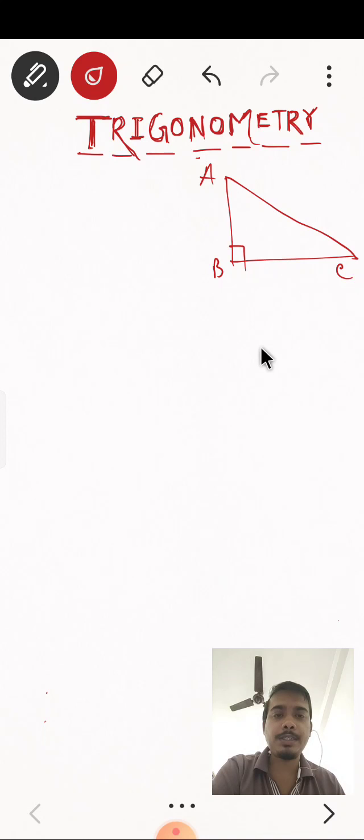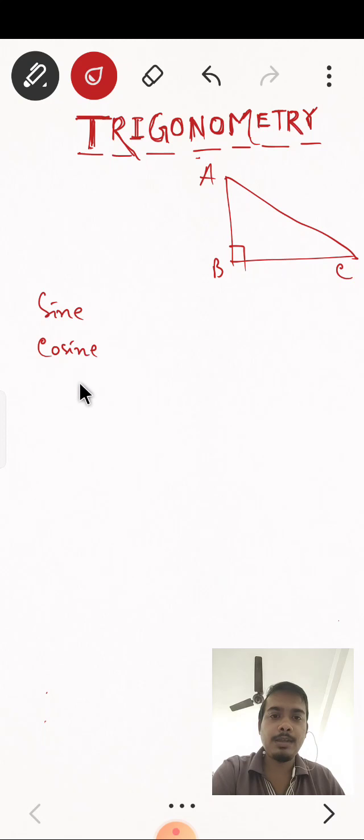Now let me first introduce the pillars of this branch of mathematics, trigonometry. Which are they? They are basically trigonometric ratios: sine, cosine, tangent, cosecant, secant, cotangent.